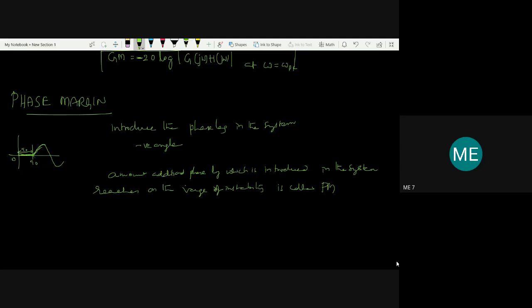So phase margin is defined as the amount of additional phase lag which we introduce in the system so that the system reaches the verge of instability. It is called the phase margin.